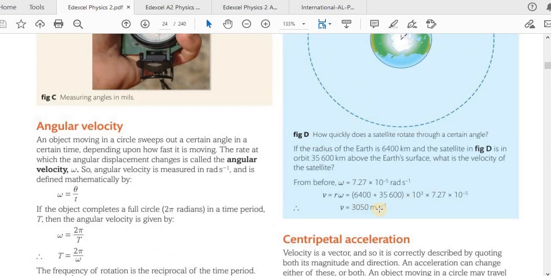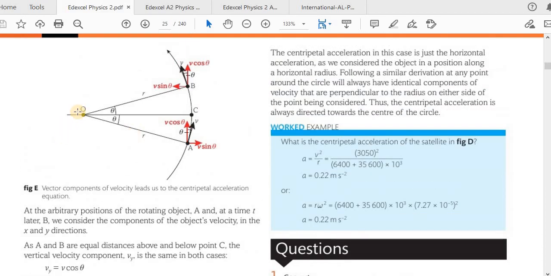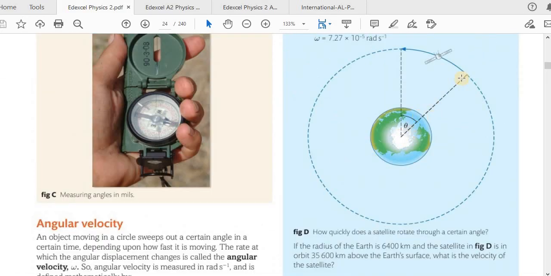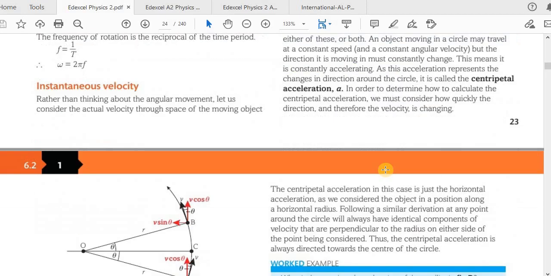Then that is 3050. So it will be 3050 squared divided by r. R is the radius of the circular path. So radius means from the center of the circular path in which it is moving to the arc of the circle in which it is moving, which is the radius of the earth plus the altitude. That will be this plus that, right?